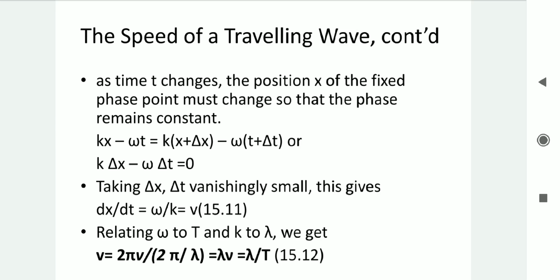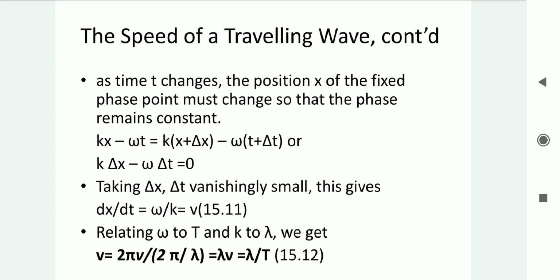Now here omega is 2 pi times the frequency, related to the time period, and k is defined in terms of the wavelength lambda, that is 2 pi by lambda. By substituting those values, we have speed equal to lambda times frequency, that is lambda divided by time period T. Right?